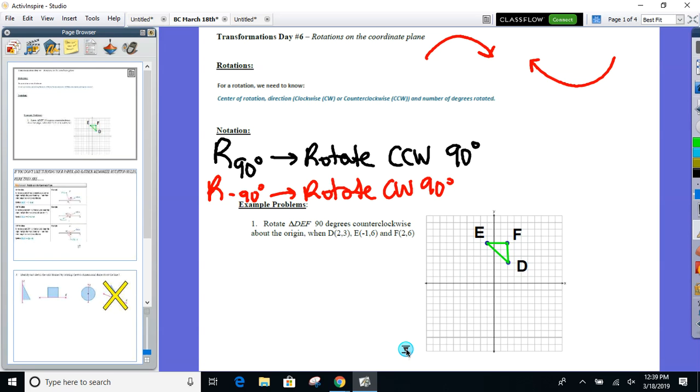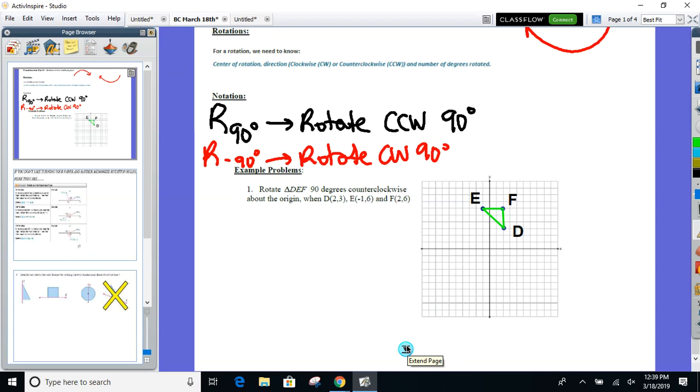All right, let's actually do a rotation right now. So I got triangle DEF. So you guys can go ahead and graph that. And then how the heck are we going to turn it?